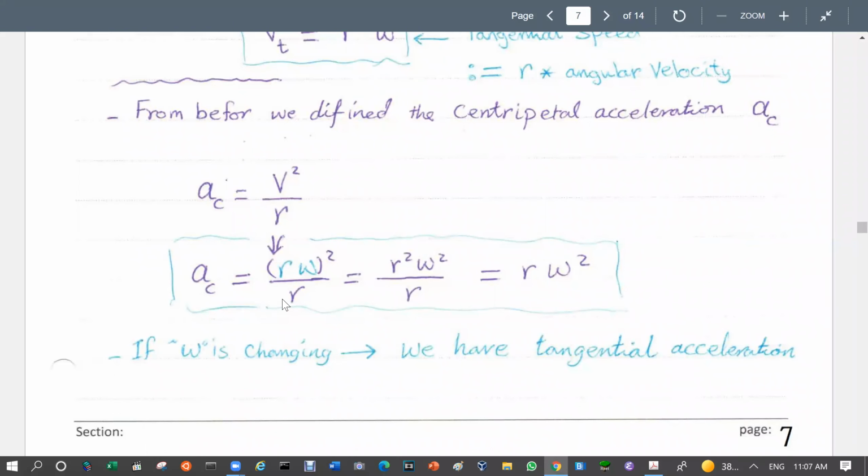R is the same R. So we have the centripetal acceleration is R squared omega squared over R. It will be R omega squared. Now this is the centripetal acceleration, which is omega squared multiplied by R.